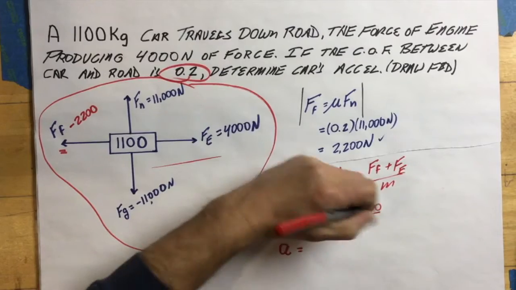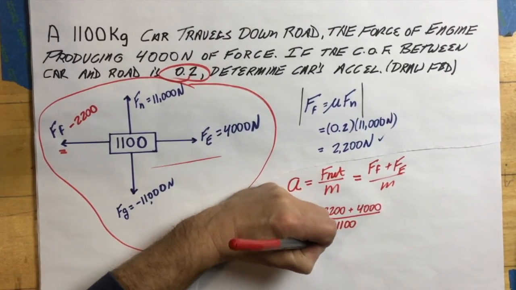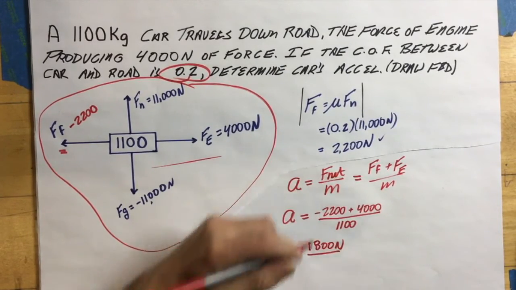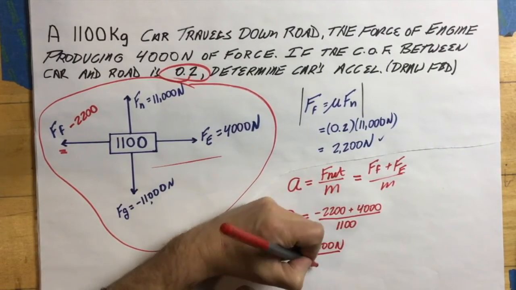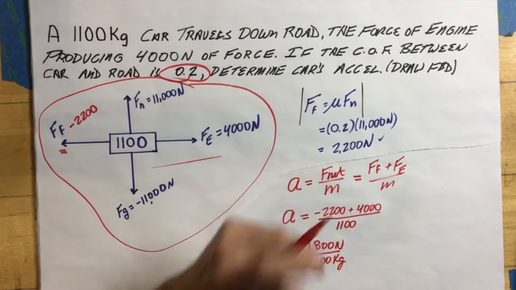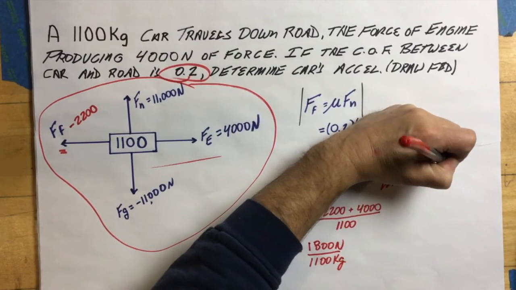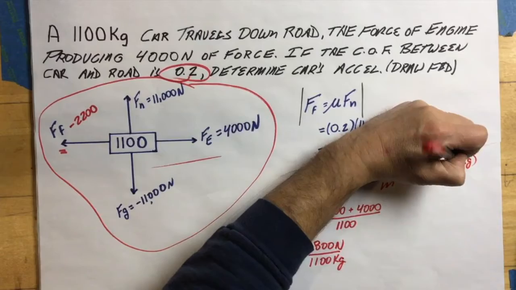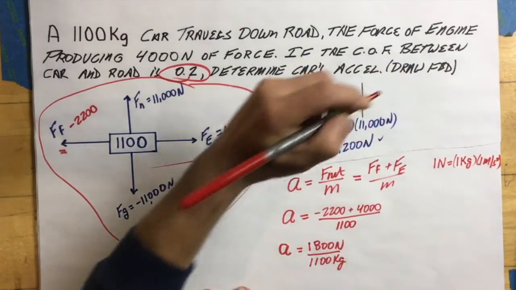So now we have 1,800 newtons surplus, or just the net of those two, divided by 1,100 kilograms. If you can keep in mind that 1 Newton has been defined as a 1 kilogram mass accelerating at 1 meter per second squared.